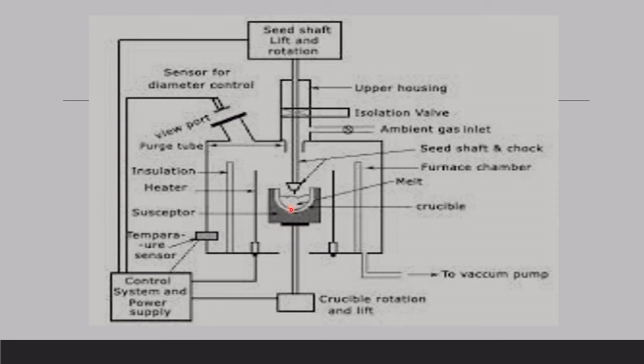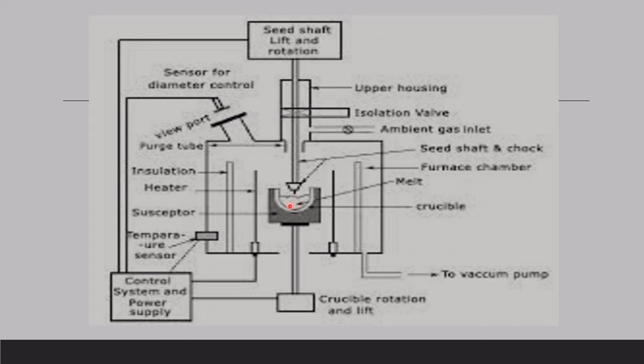First evacuate the whole quartz chamber and then fill it up with an inert ambient, that is argon, helium or nitrogen, something like that. You can also maintain atmospheric pressure or sometimes even reduced pressure.